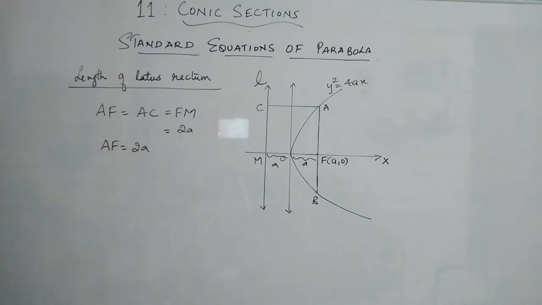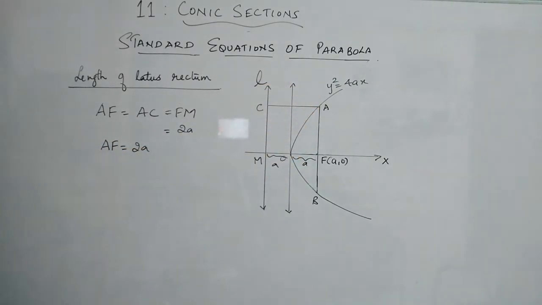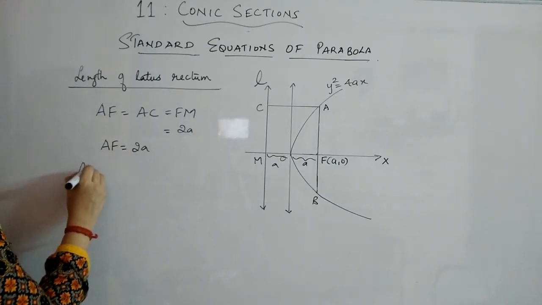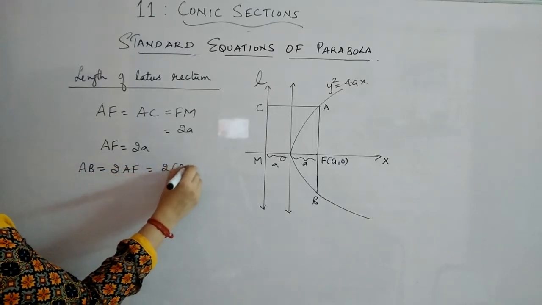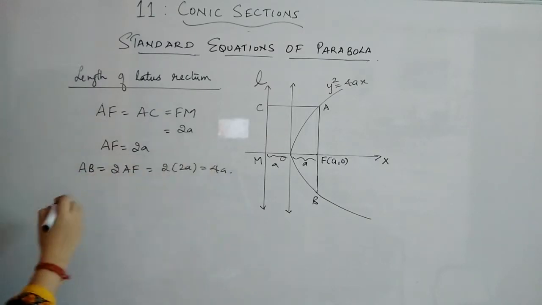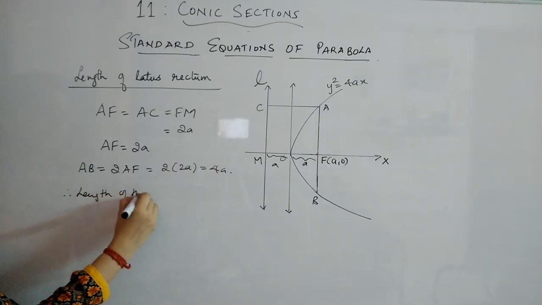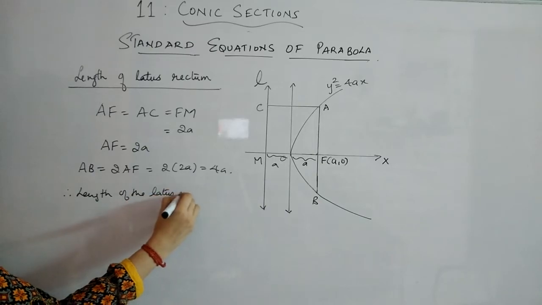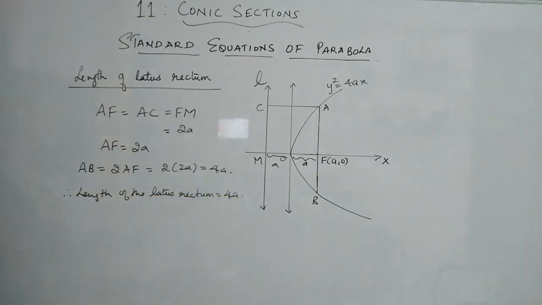And we have already discussed that twice AF will be AB, and AB here is the length of the latus rectum. So AB will be twice AF. That means you are getting 2 into 2a, which is 4a. Therefore, the length of the latus rectum is equal to 4a, and this length is the same for all four equations of the parabola.